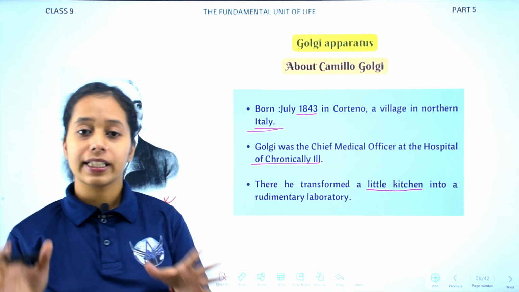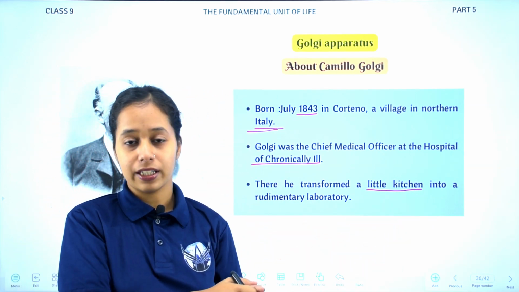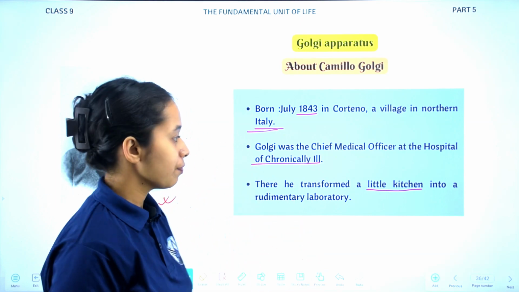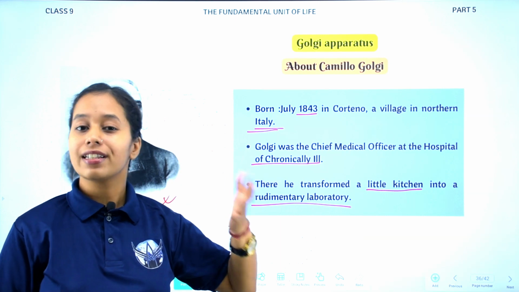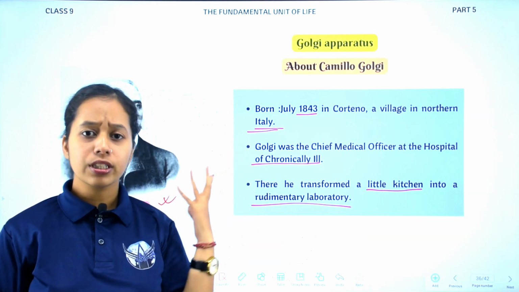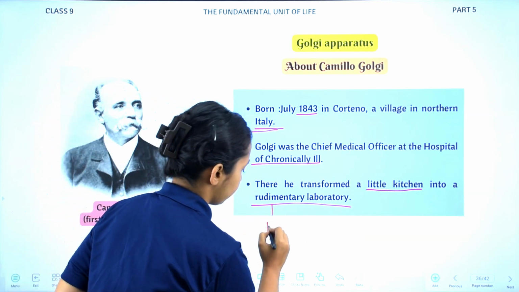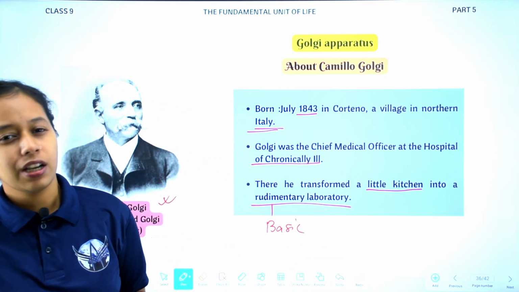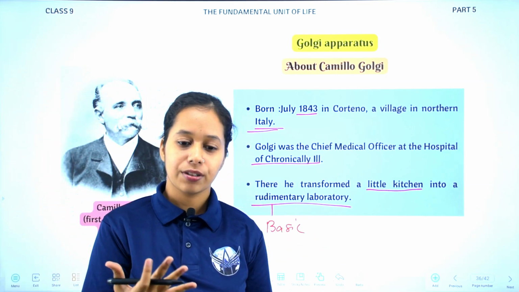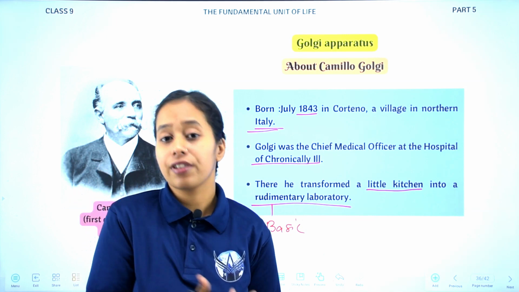He selected a little kitchen of that hospital and transformed it into his own personal rudimentary laboratory. Rudimentary meaning basic; in short, a basic laboratory which does not have many facilities.